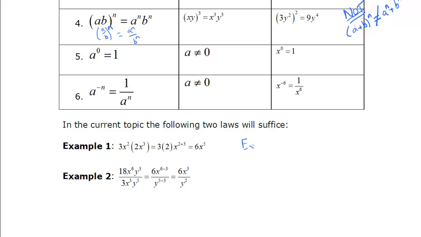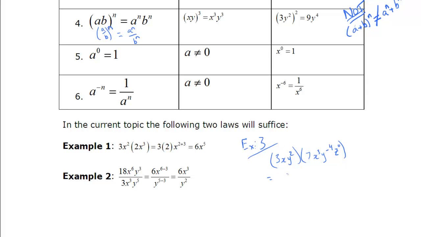Let me just write another example here for you so you can see one. Let's say we have 3xy squared multiplied by 7x cubed y to the minus 4 and z to the 0. If we need to multiply those, we're going to multiply the number parts together.